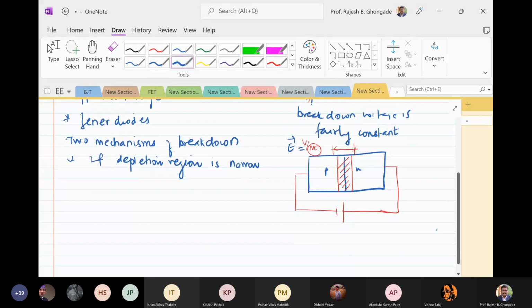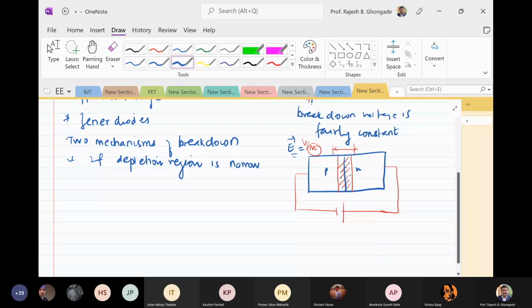And this is sufficient to cause electrons to break away from atoms. Obviously the depletion region does have atoms, but there are no free charge carriers. Now because of this electric field, the electrons which are tightly bound in the covalent bonds may get ripped off. So suddenly a large number of electrons will be available in this depletion region, and it will no longer be an insulator, it will become a conductor.